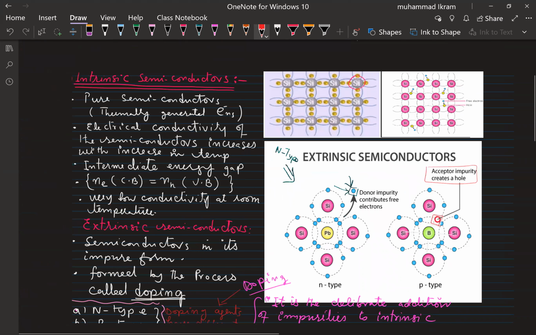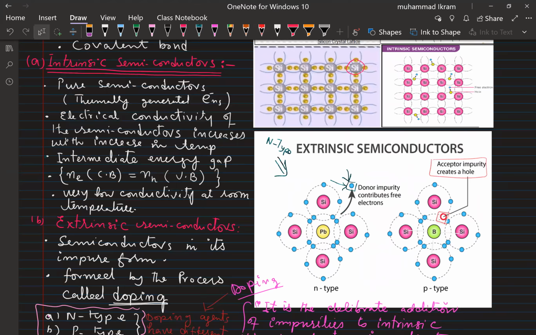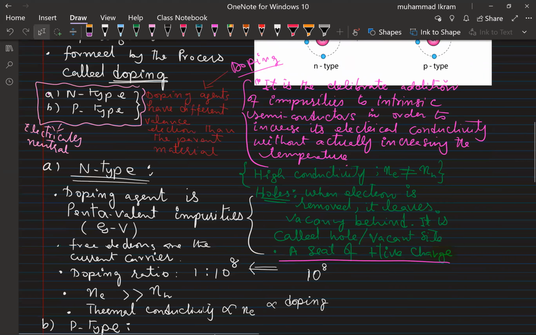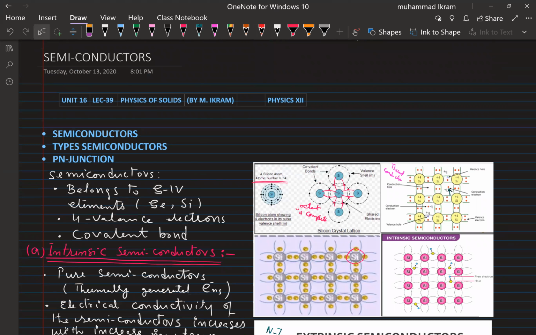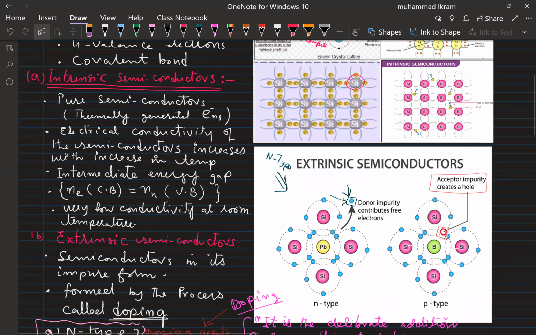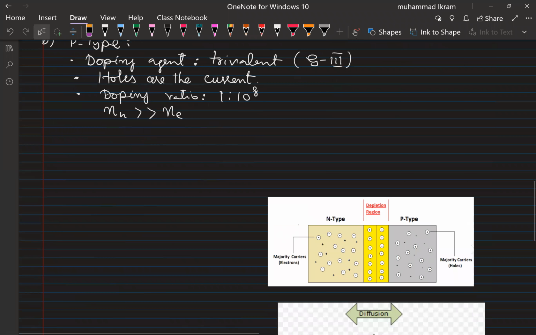So holes are the current carrier in this case. Okay, so this is all about the intrinsic semiconductor substances.